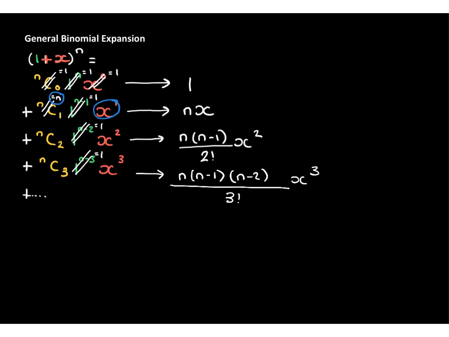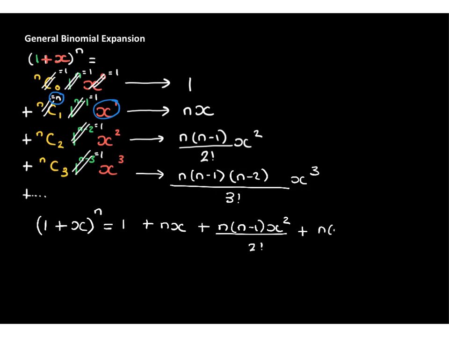So we have created another expression for the general binomial expansion, which tells us that if we are expanding 1 plus x to the power of n, this expansion can be written as 1 plus nx plus n times n minus 1 x squared over 2 factorial plus n times n minus 1 times n minus 2 x cubed over 3 factorial, and so on.